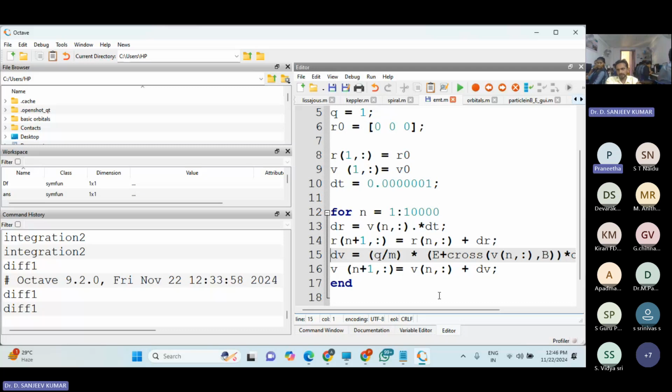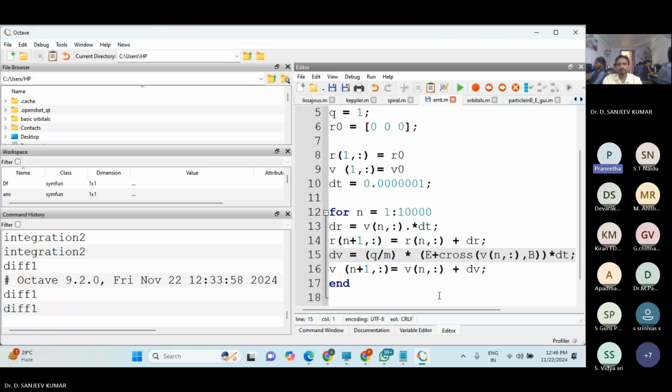And change in velocity, so for that we need to have force by m into dt. So this dv is obtained by calculating a dt.